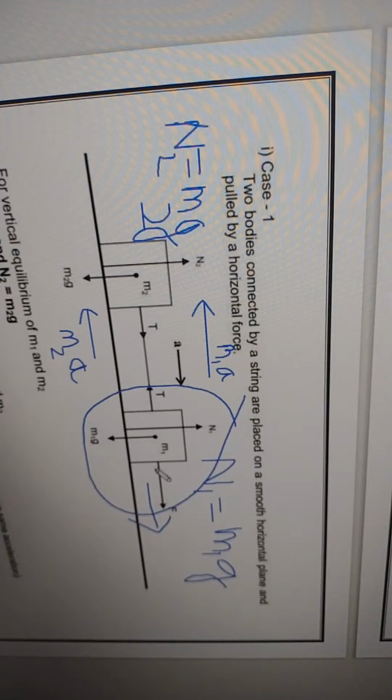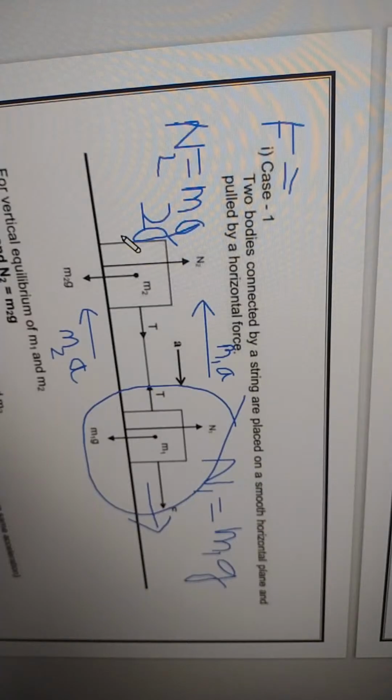F is in this direction and M1 is in this direction. So F is equal to T plus M1A. Okay.